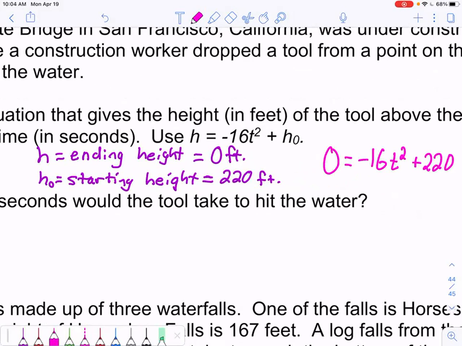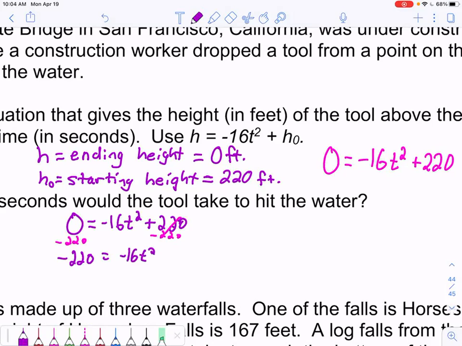From here, we're going to use that and we're going to solve. So 0 equals negative 16t squared plus 220. Peyton, what's our first step to solve for t? Yes, subtract 220. When you do so, you get negative 220 is going to equal negative 16t squared. TJ, what's our next step to solve for t squared? Divide, good. So we're going to divide by negative 16.